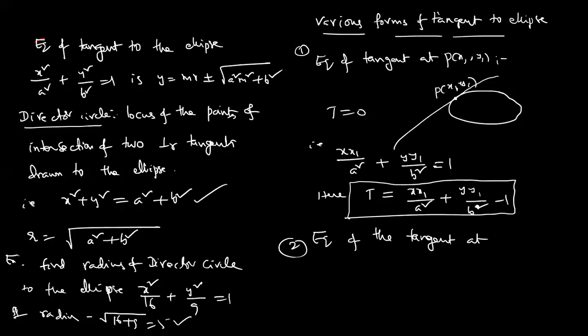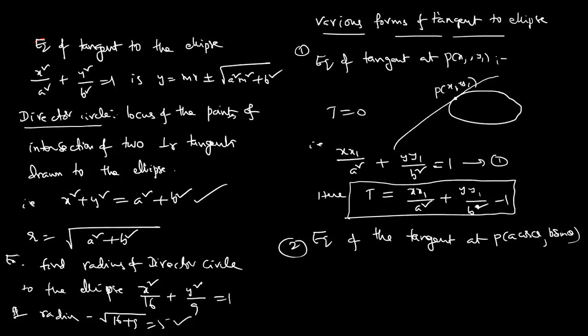Equation of the tangent at P, a cos theta comma b sin theta. That is the meaning. Right? What is that? So means what here? Equation 1 is there.